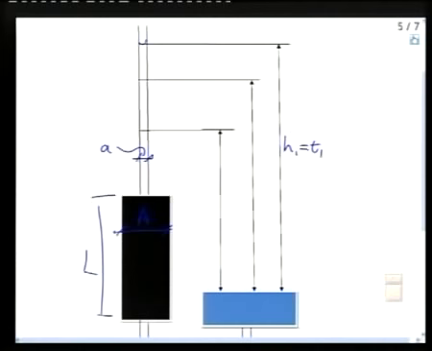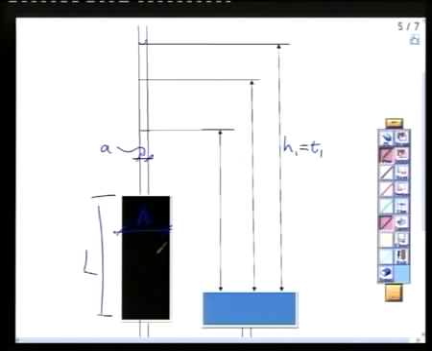Now, the test begins, then water will go down. After a while, I will have height 2 with time 2, and height 3 with time 3, height 4 with time 4, etc., until I have at the end height final with time final, right?